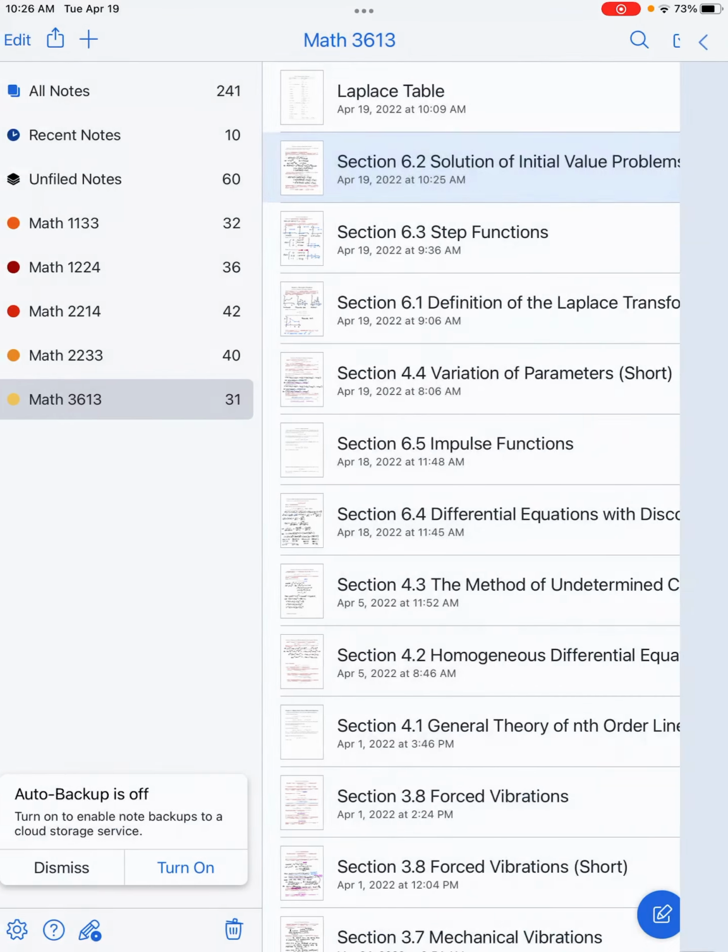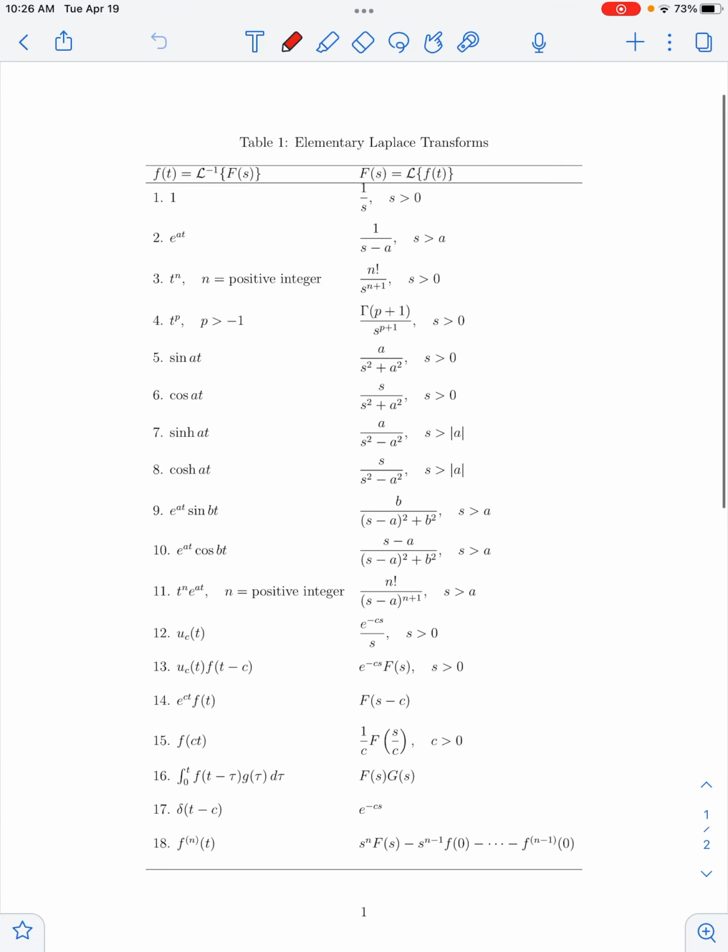So let's take a quick look at it here. The following table that I'm showing here is the table that's given in section 6.2 of the Boyce and DiPrima textbook. It's also found on the course website.